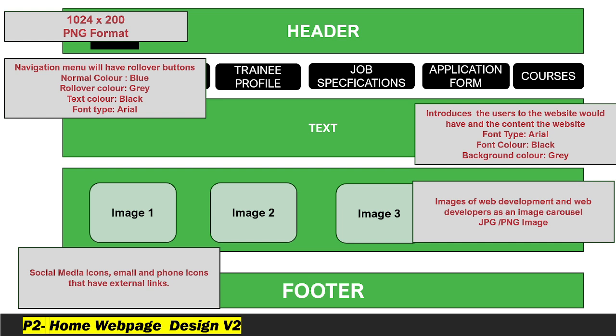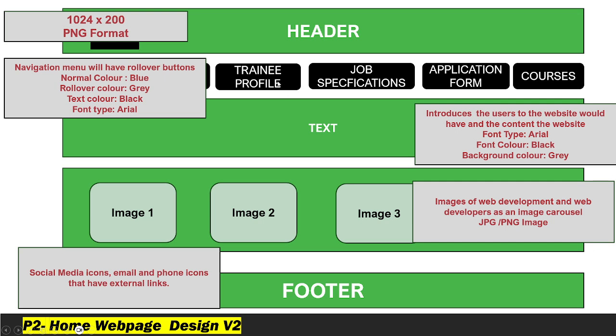You can see we have the format or the dimensions that will be used, and it would also be in PNG format because the header is most likely going to be designed in another software by yourself. Here in the navigation menu, you chose that it's going to be rollover buttons.